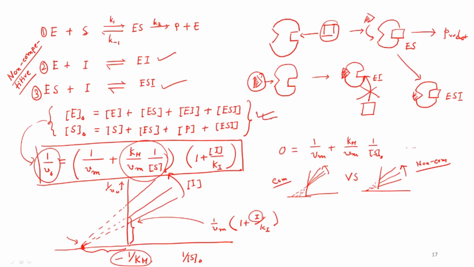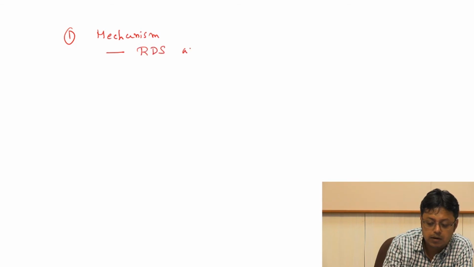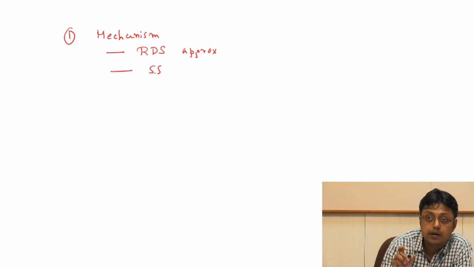So what we studied in this entire lecture is that we first started with a mechanism, what is meant by a mechanism, and we talked about 2 approximations. One is known as the rate determining step approximation, and the other one is basically the steady state approximation. And we solved very interesting reactions for that.